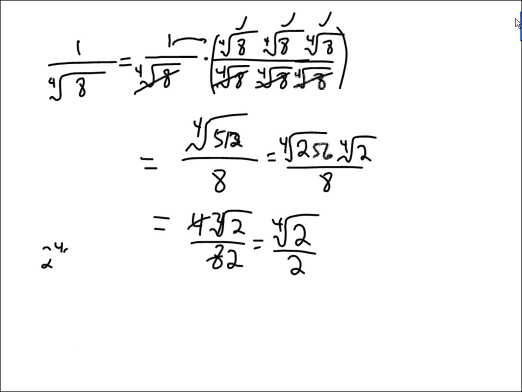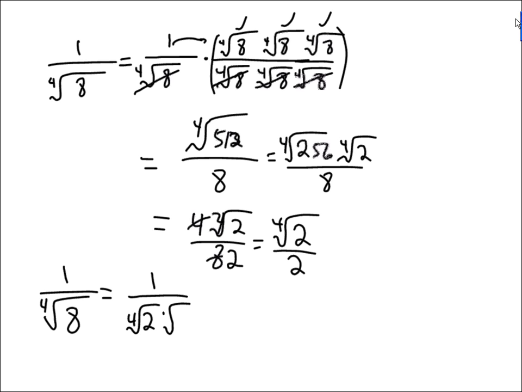The easier way of doing this is to realize that 8 is 2 times 2 times 2. We were given 1 over the fourth root of 8. You should recognize 8 as 2 times 2 times 2. So it's the fourth root of 2 times the fourth root of 2 times the fourth root of 2.